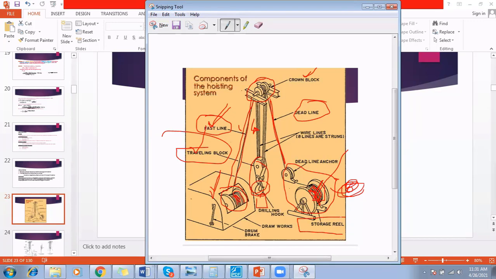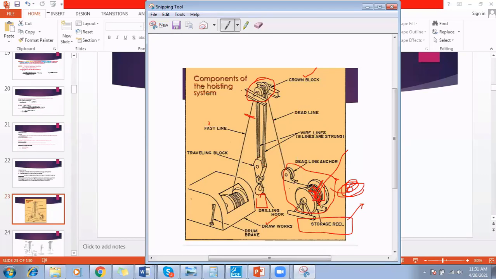This is actually an extra storage that is used whenever the drilling line in the drawworks is either ended or there is some problem in the drilling line at the top of this traveling block, then you will take drilling line from your reserve.